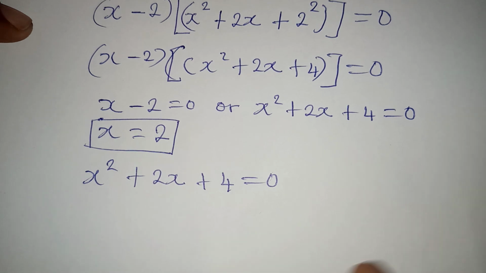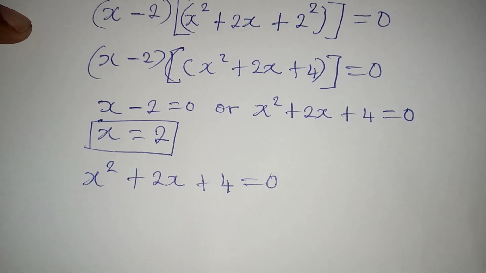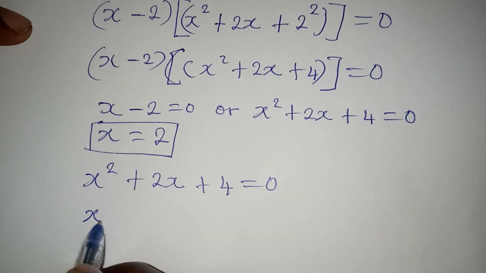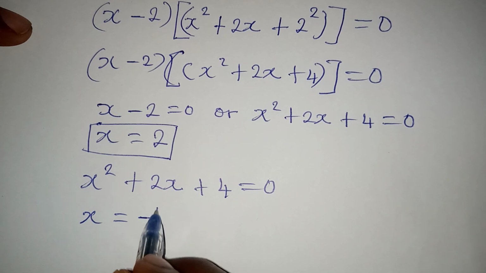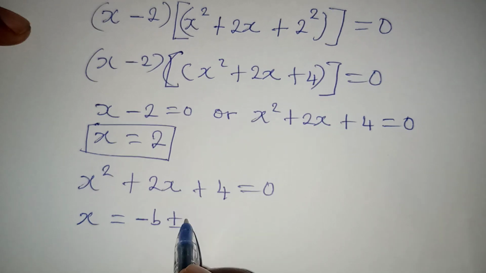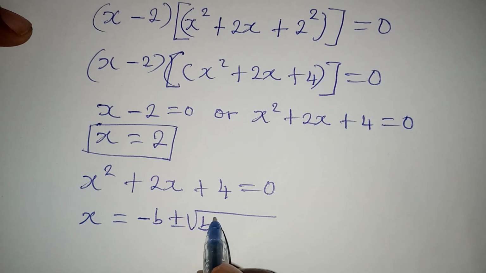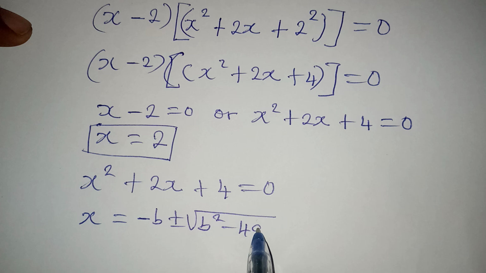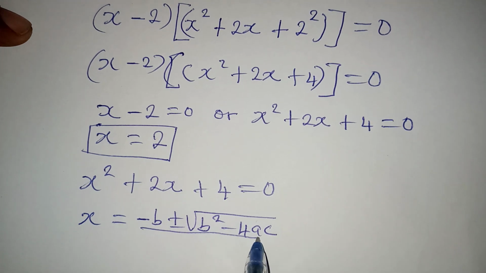We're going to use the general formula for this. And the formula is x is equal to minus b, positive or negative, square root of b squared minus 4ac, everything over 2a.